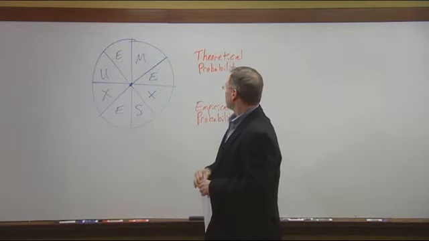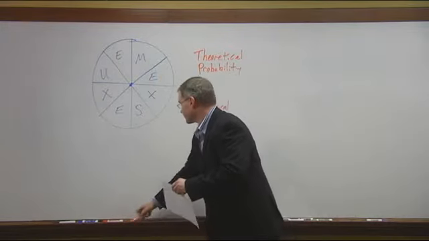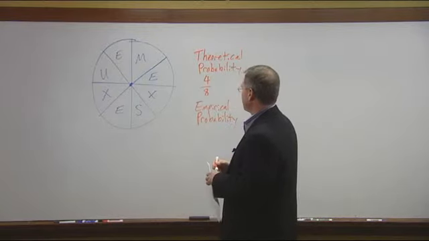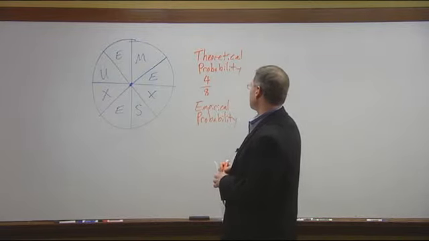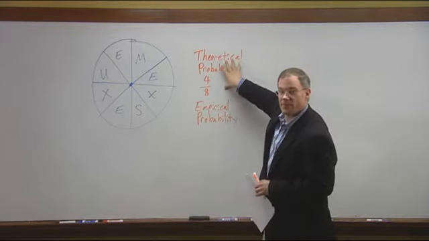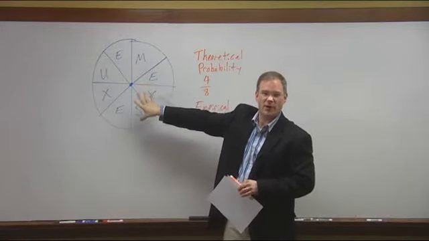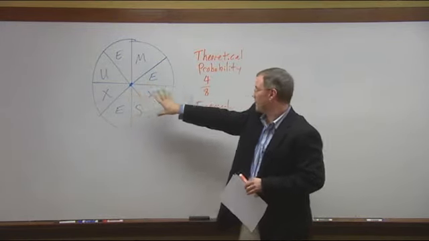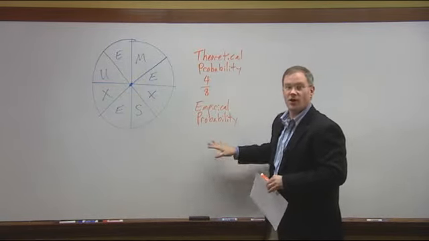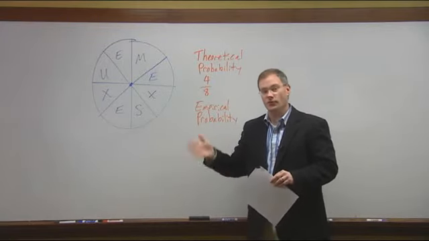So with this one, the theoretical probability that you would get a vowel is 4 out of 8. So a key idea in this problem is that if this is what's happening theoretically, just looking at the sizes and thinking through what would happen on one spin and what should happen if everything's fair, we can move to this idea of empirical probability, of what's going to happen if we do this experiment over and over and over again.